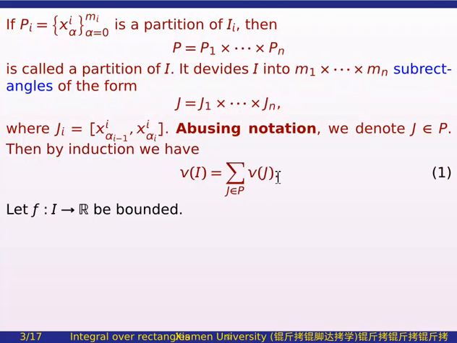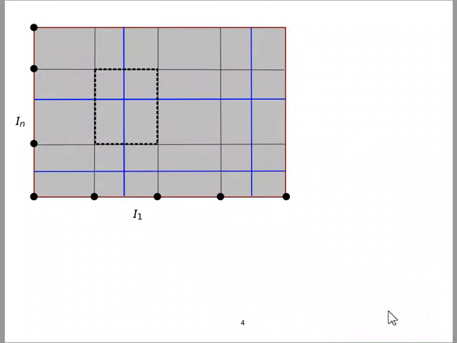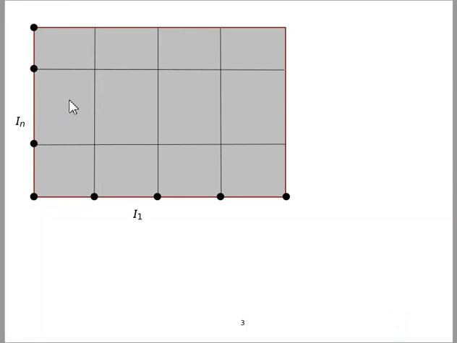Now suppose f is a bounded function defined on this rectangle, and we use a partition P. P is a partition of the rectangle I, and J is a sub-rectangle taken from the partition P. For example, in this picture, this is a J. We have 12 rectangles here.